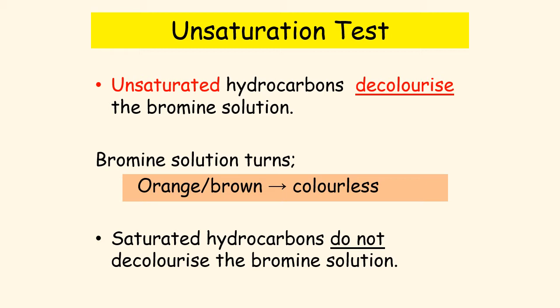So the results of this test, if you add bromine water or bromine solution to a hydrocarbon, if the solution goes colorless, it means it's unsaturated. If it stays orange-brown color, it is saturated.